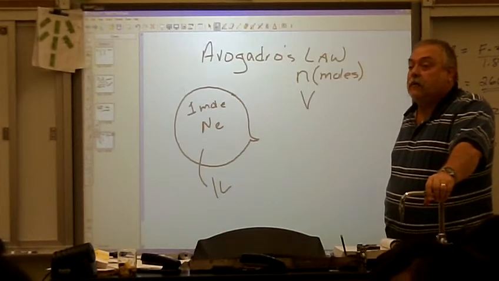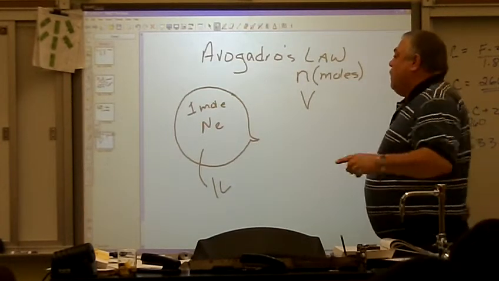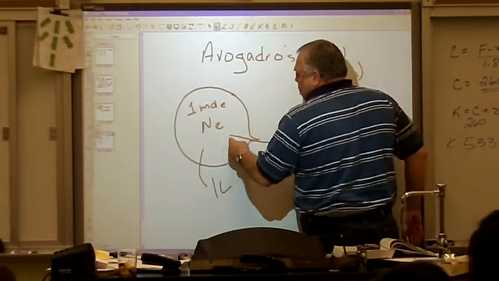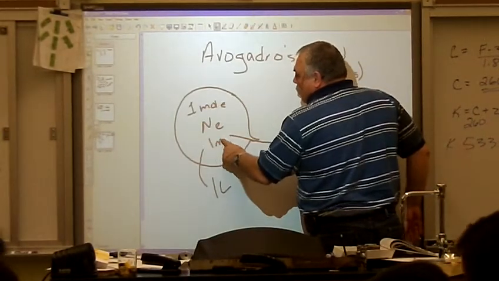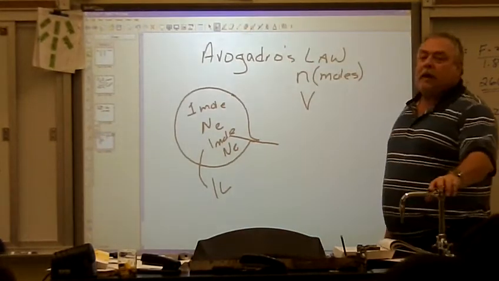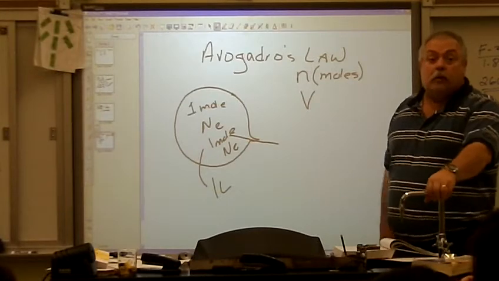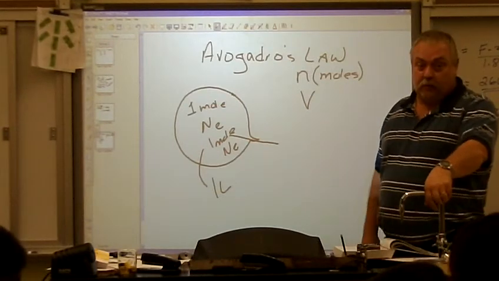Now, let me ask you this question. If I were to place in here another mole of neon, what would happen to the size of the balloon? Would it increase? It would get bigger. You bet your sweet book it would.